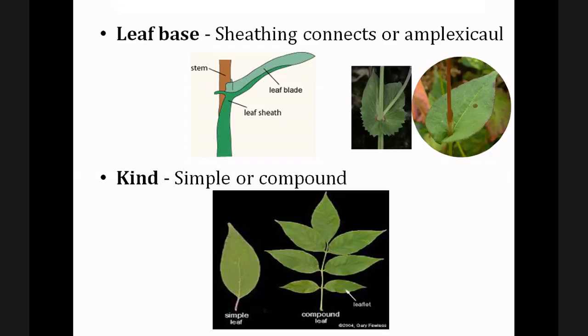That is called as a amplexicaul leaf base. In the picture, you can see they are covering the stem.